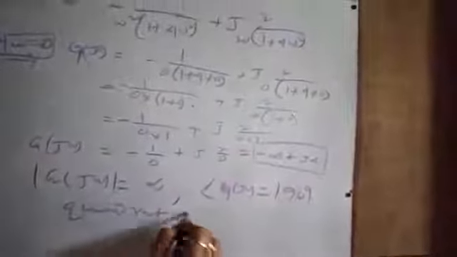Now this is minus infinity plus j of infinity, that means minus and plus, so this is a second quadrant operation.